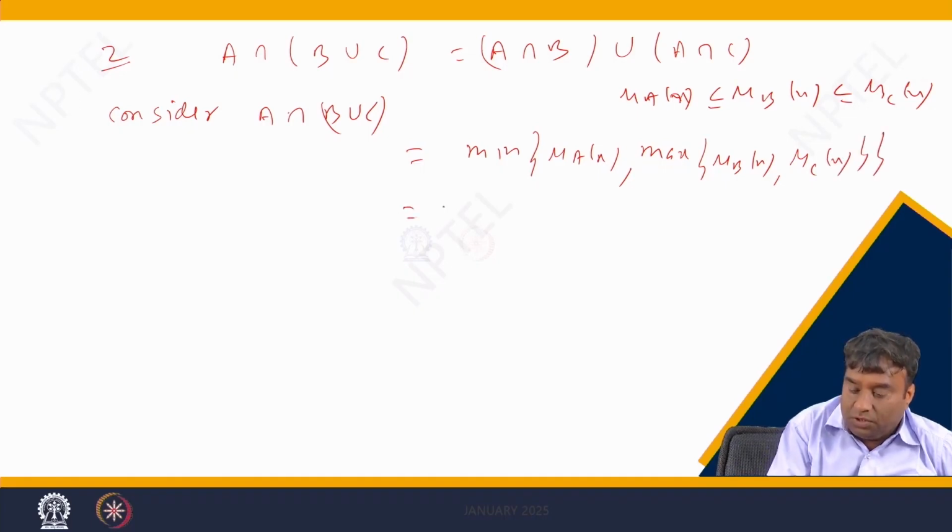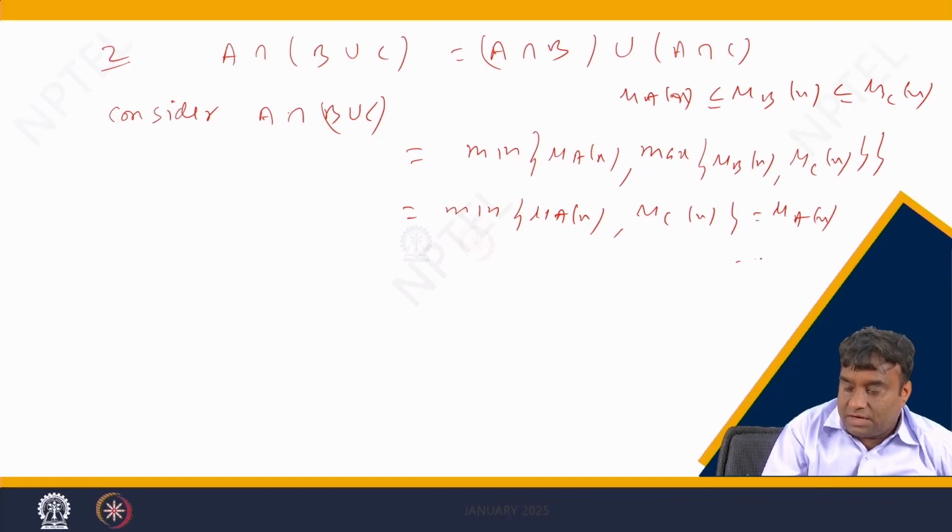So now you can write the minimum of mu A(x) and the maximum of mu B and mu C(x). Now you will get mu A(x). So write this is equal to 1.